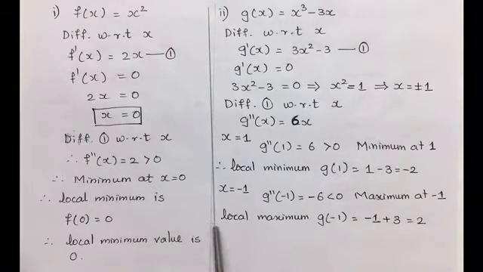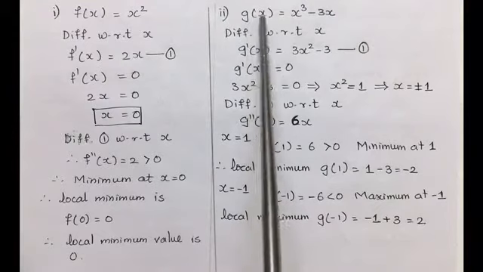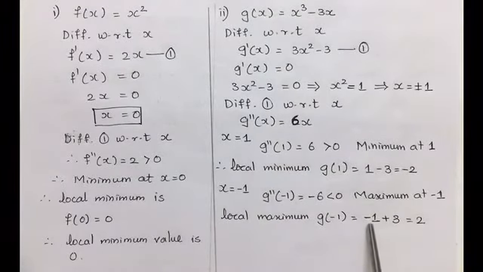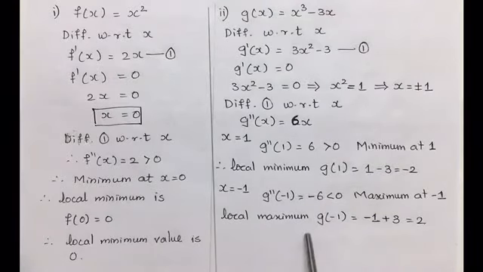Now to calculate the local maximum, the value of x equal to minus 1 is kept in g. So g of minus 1 is equal to minus 1 cube, which is minus 1, and minus 3 into minus 1 makes it plus 3. So the local maximum value came out to be 2. So this is how local minimum and local maximum are calculated.